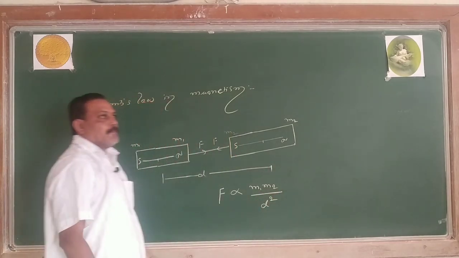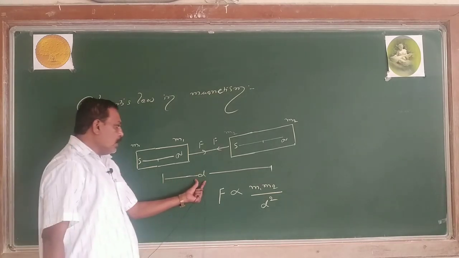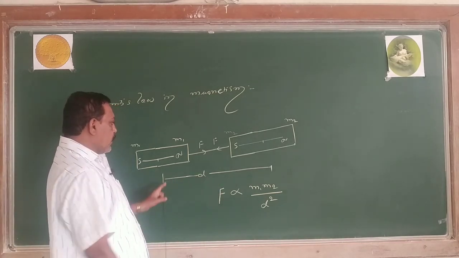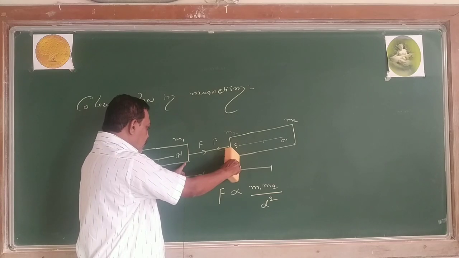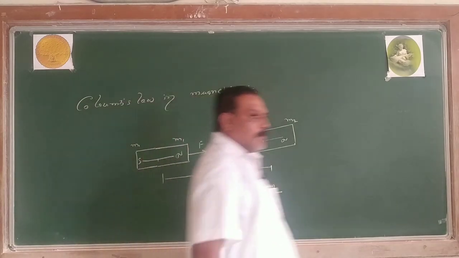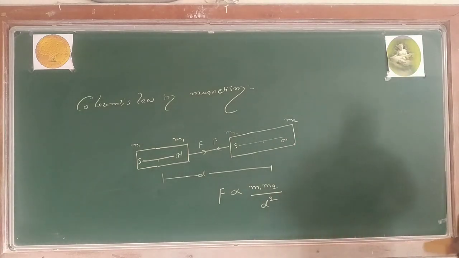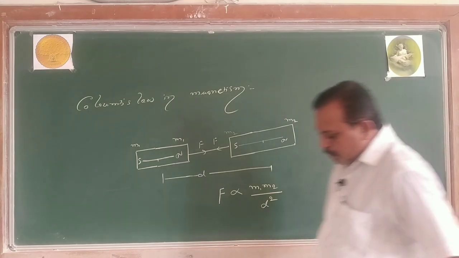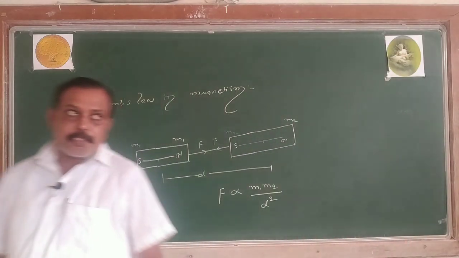If I take from the center, D is the separation distance. If you take the separation distance between north and south, then also you can consider it as D.